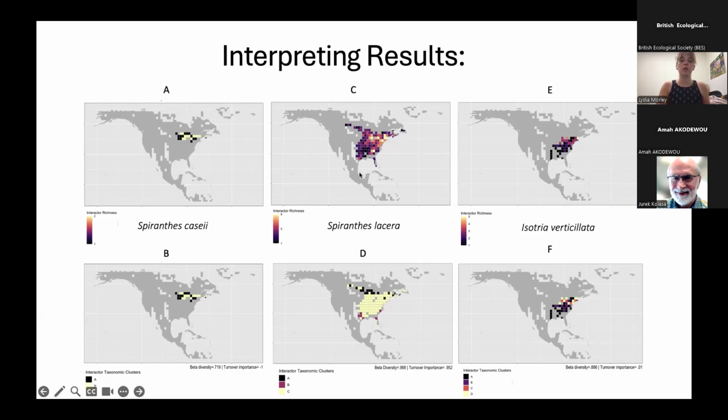And then, of course, Isotria verticillata has an intermediate value, and I think that it really emphasizes the importance of having this continuous variable and understanding, again, that generalism is, of course, a continuum. Isotria verticillata is going to be subject both to changes in richness, and it's also going to experience some compositional differentiation.